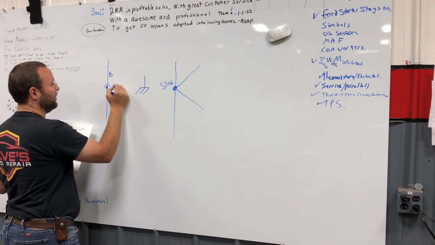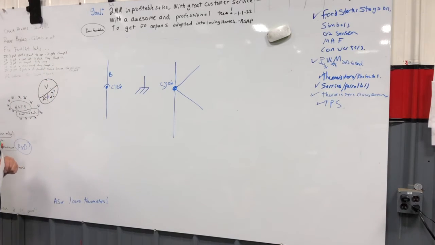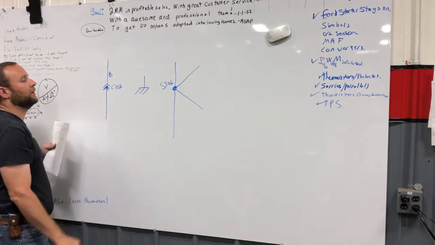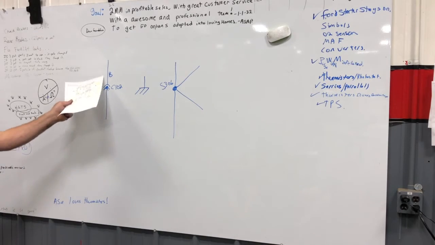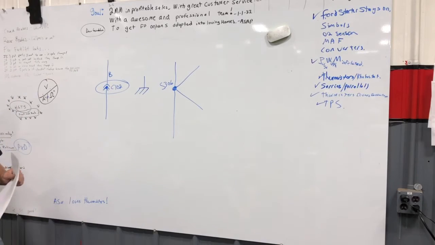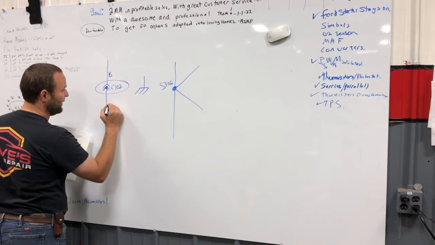What's that thing? They'll draw it different sometimes. You know what that is? What's this thing? Connector. Like the 102? What's the C stand for? Connector.